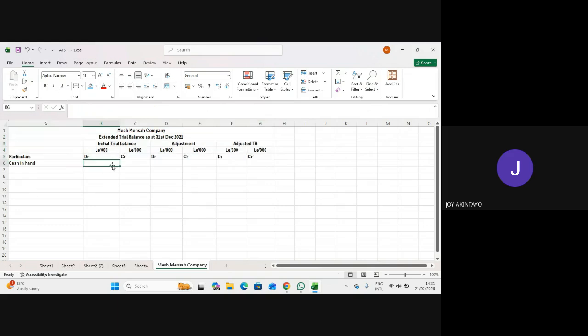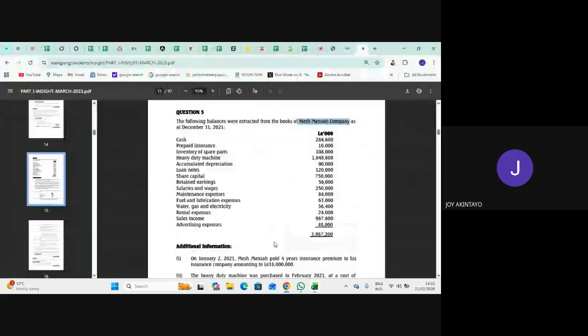So where are we posting our cash to? Are we posting it on the debit or credit?